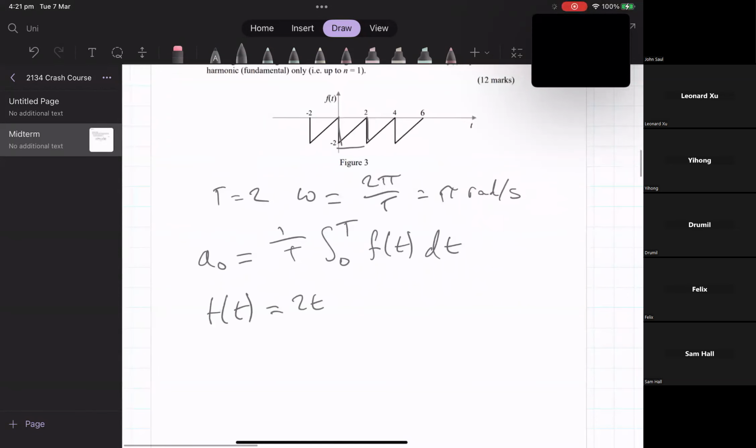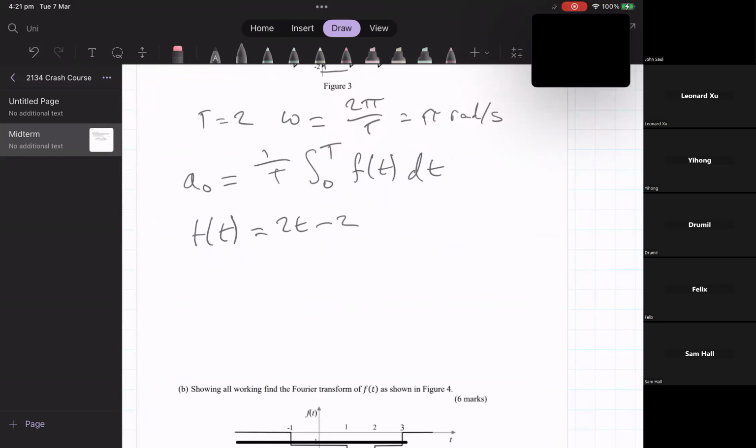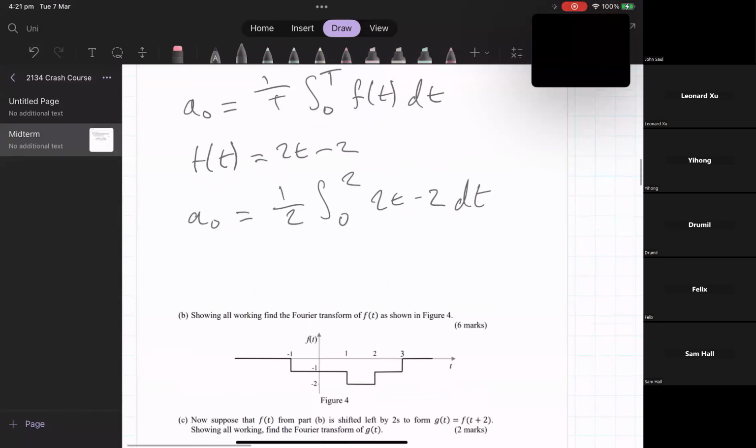And we can see that when t is 0, we get -2, so that's -2. Then integrating that, subbing in the values of t, we get a0 equals the integral from 0 to 2 of t minus 2 dt.